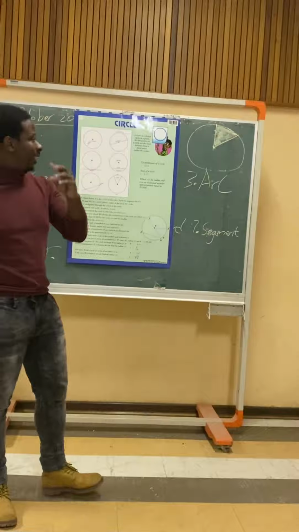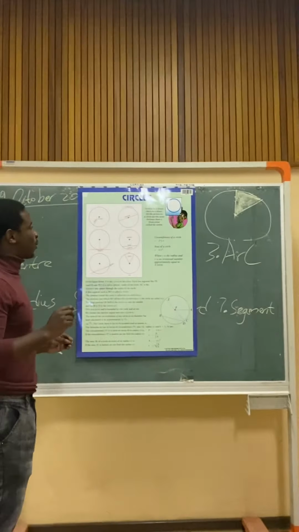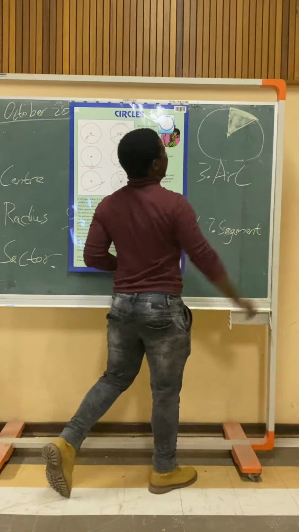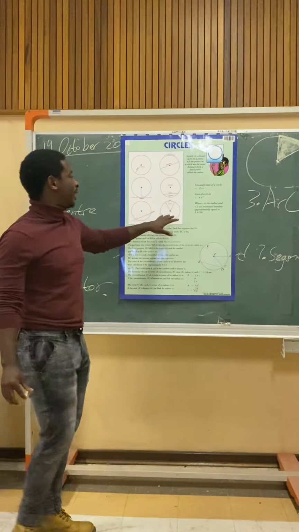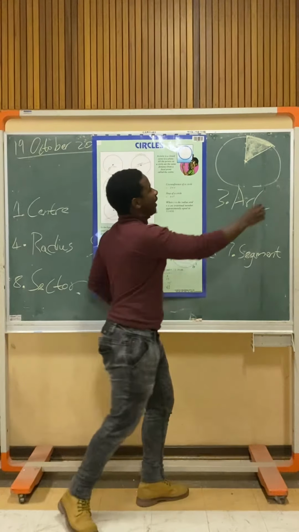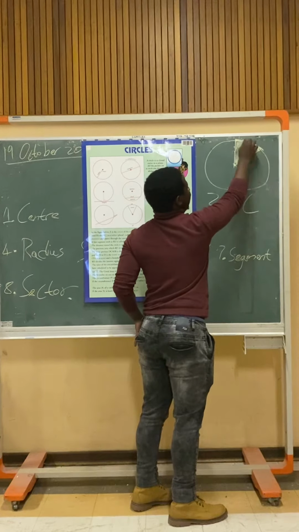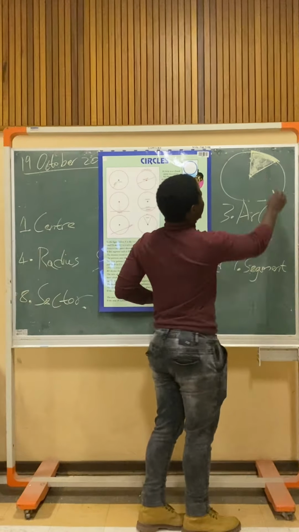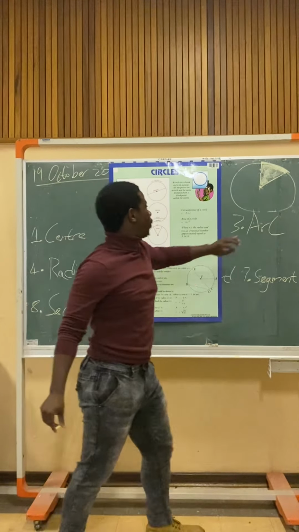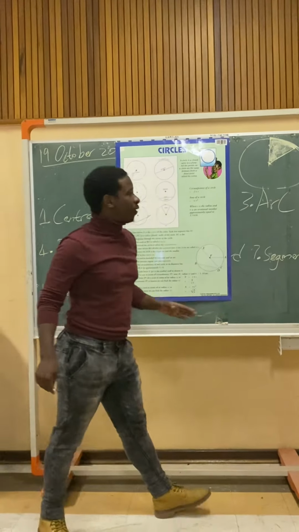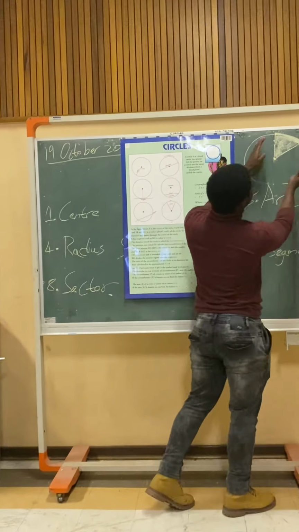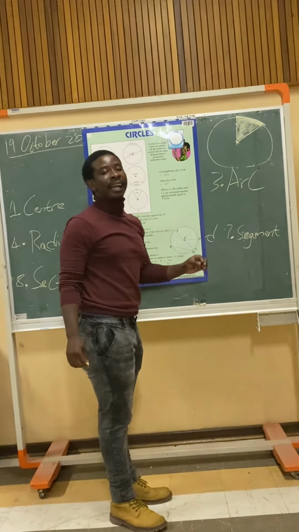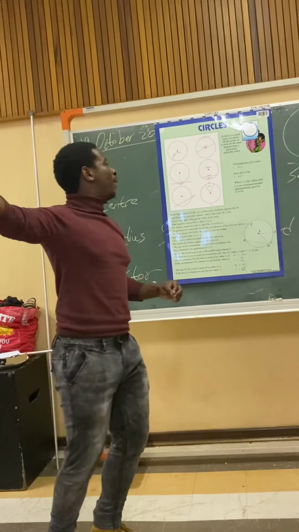So this part, or this line, after you have drawn your sector, you call this line an arc. This part does not take the whole half of the circle, but it takes only this part, which is a small part of the circle. Then we say that it's a minor arc.